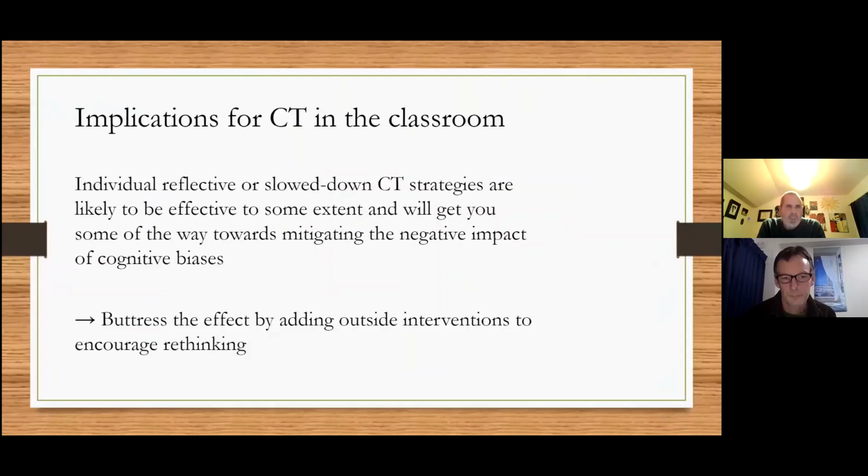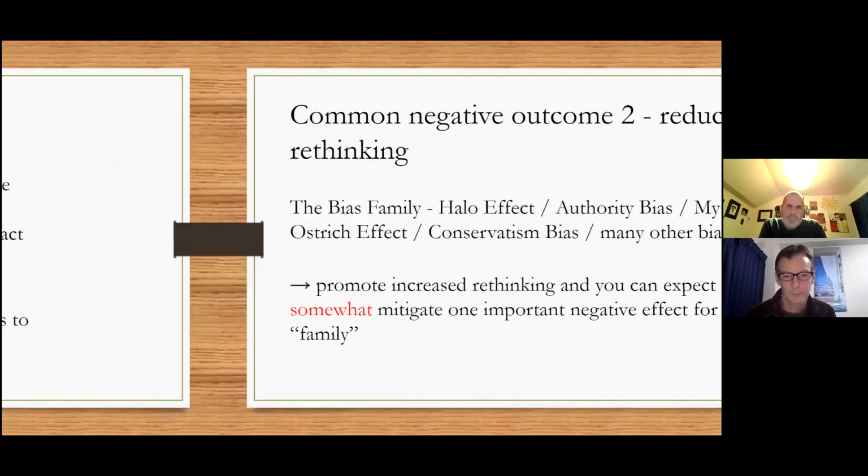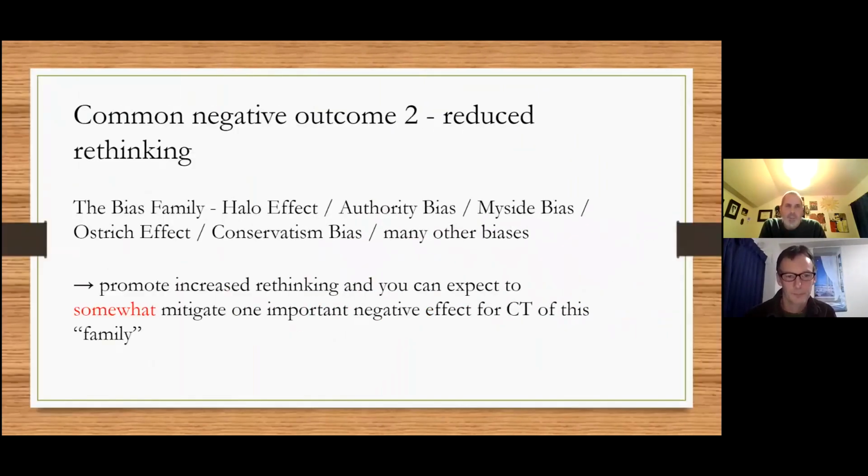Right. Well, but what does this mean for CT in the classroom? Well, we just need to introduce individual, reflective, or slow down critical thinking strategies, and also buttress this effect with outside interventions that encourage rethinking, kind of like a two-pronged attack, right? Have this kind of two-pronged strategy in the classroom to make sure that rethinking is happening. So again, this is reduced rethinking.